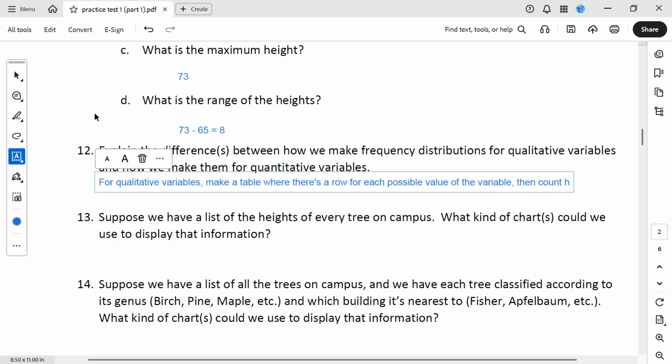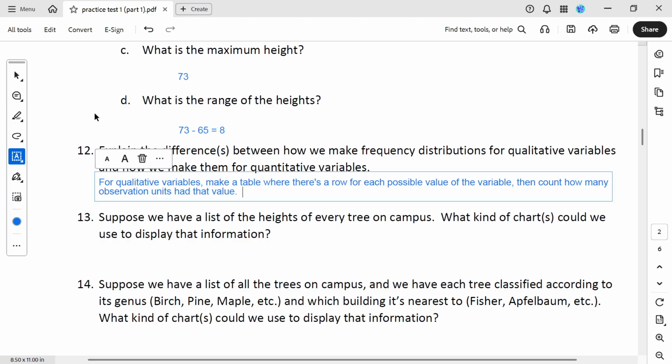Then count how many observation units had that value. Okay, so it's just every possible answer. Like if we were doing gender, for example, we'd have a female row and then a male row, and then we might have another row for people who said something else. And then we would just count how many people went in each row.